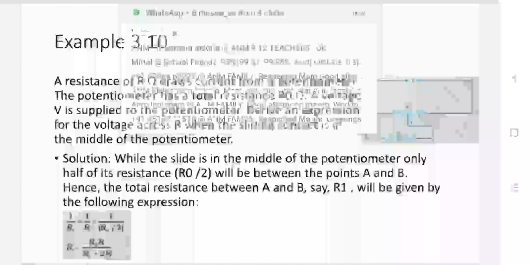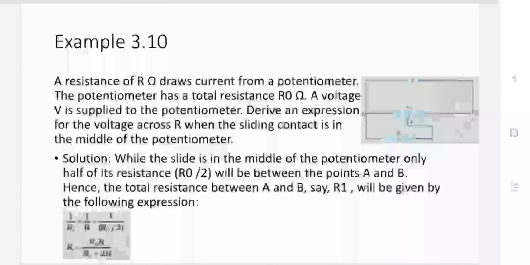Now, when we slide the contact to the middle point of R0, so basically between points A and B, R0 becomes R0 by 2 in parallel with the capital R. So my resultant is the parallel combination of R and R0 by 2. So by having this parallel equation, we can directly get 1 by R1 equal to 1 by R plus 1 by (R0 by 2).